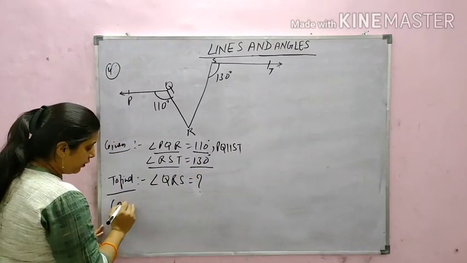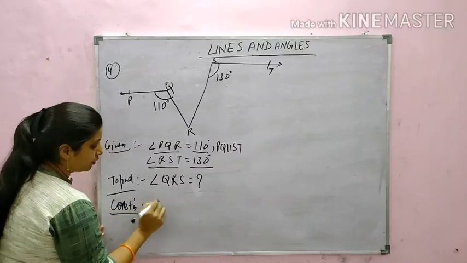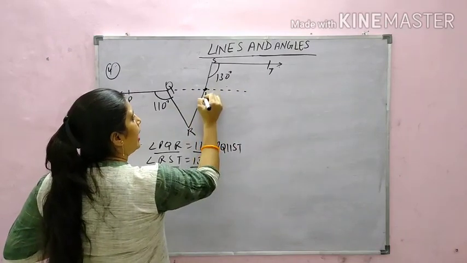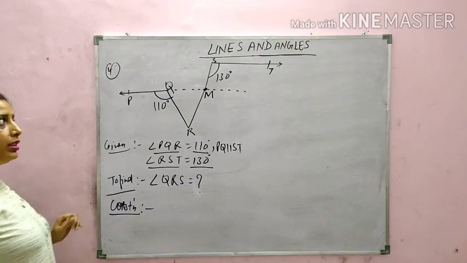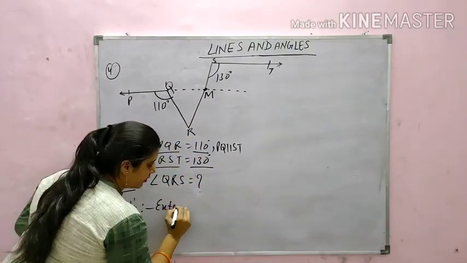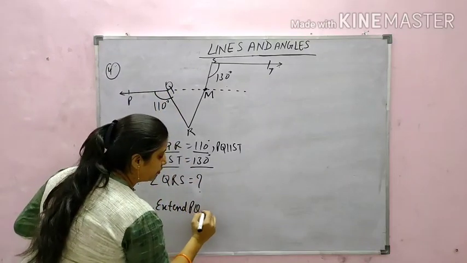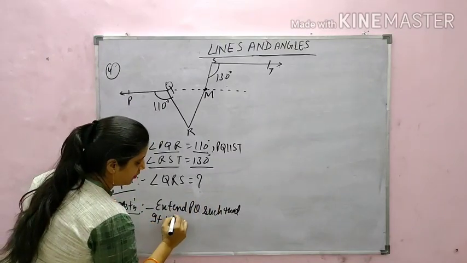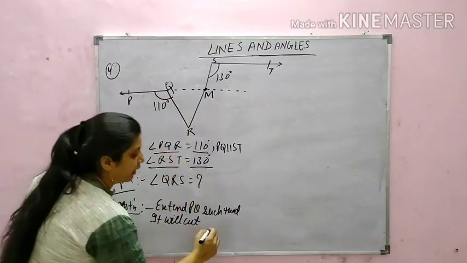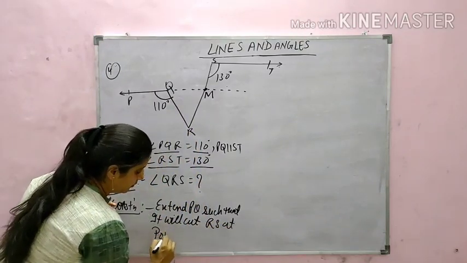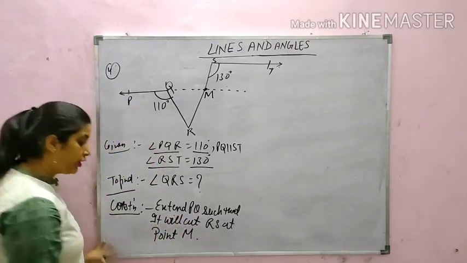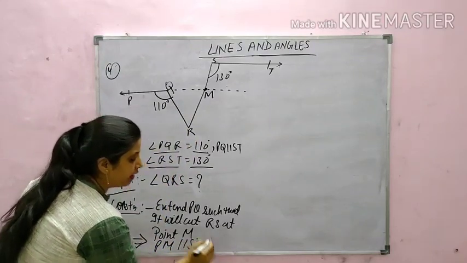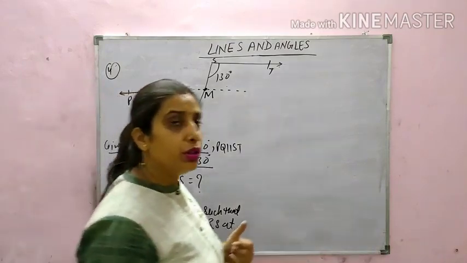In this question, first of all we will draw a small construction: extend PQ such that it cuts RS at point M, which implies that PM will also be parallel to ST. Clear?